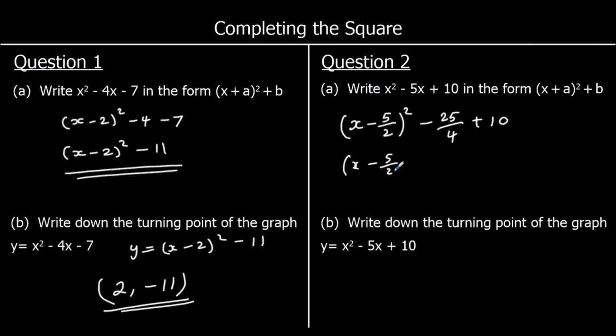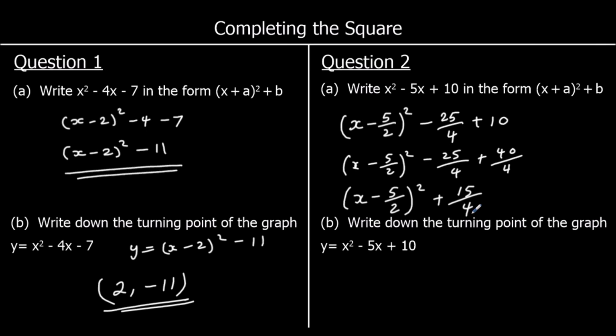So we've got (x minus 5/2) squared minus 25/4 plus 40/4. And then we can simplify. So 40 quarters, take away 25 quarters, is 15 quarters. So (x minus 5/2) squared plus 15/4.